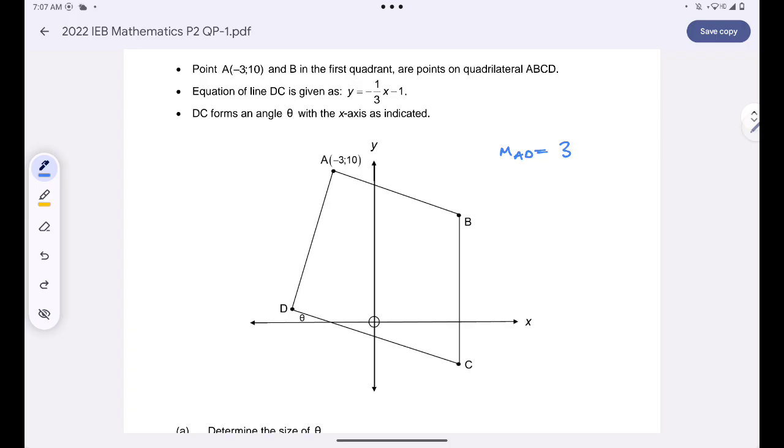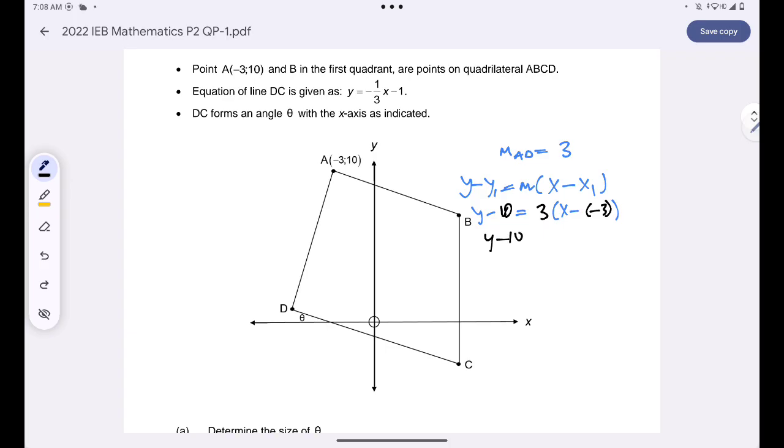I do have a point A, which is (-3, 10). I can substitute and then find the equation of my line. I'll use this formula again: y minus y1 is equal to m(x minus x1). Remember that y1 is 10, x1 is -3, and m is 3.